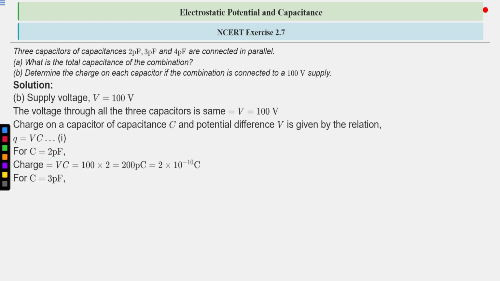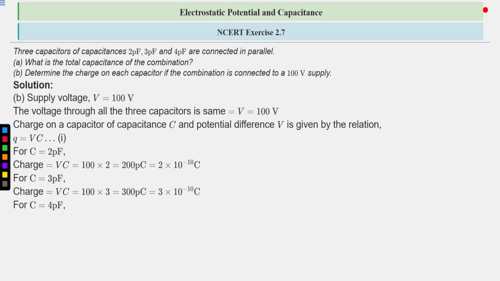For C equal to 3 picofarad, charge will be equal to VC, equal to 100 into 3, equal to 300 picocoulomb, equal to 3 into 10 to the power minus 10 coulomb.